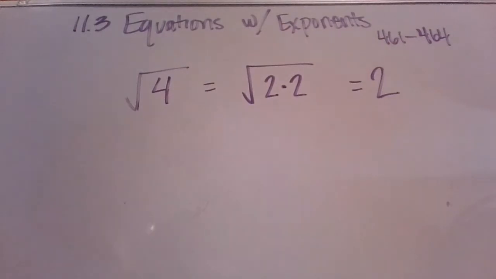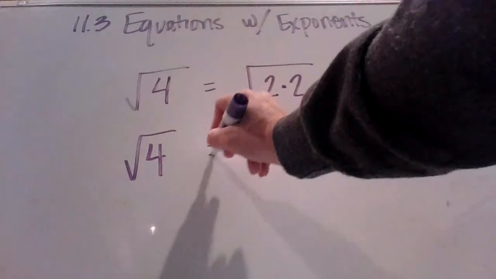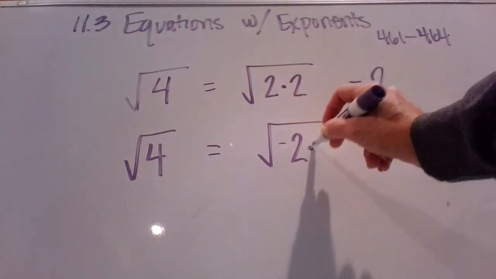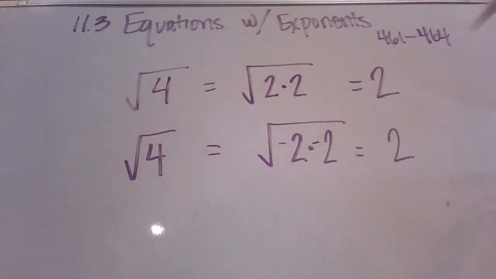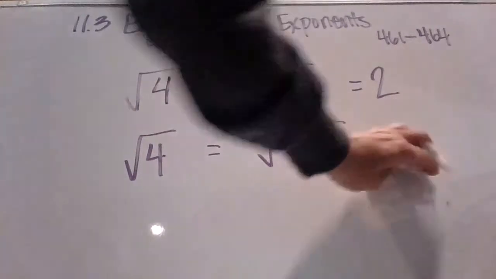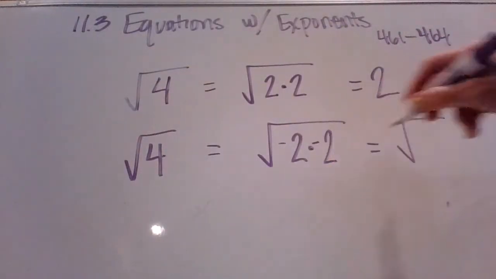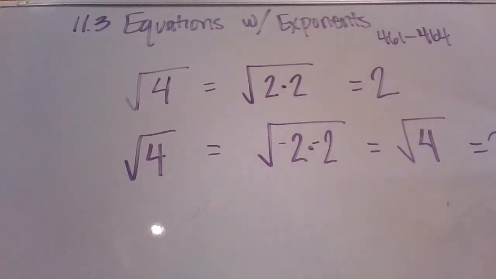Makes sense. But we also need to consider, if I have the square root of 4, I could also say that negative 2 times negative 2 would also mean that my answer is 2, because negative 2 times negative 2 is 4. And the square root of 4 is 2.